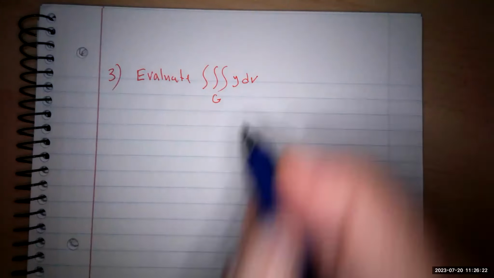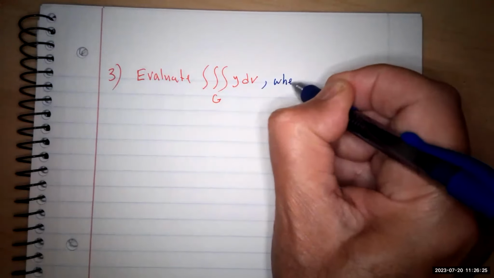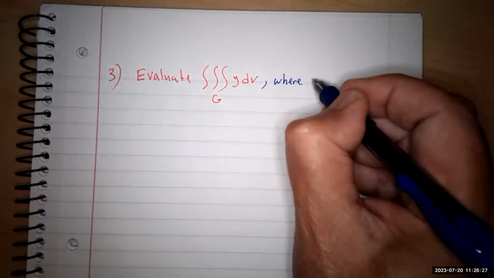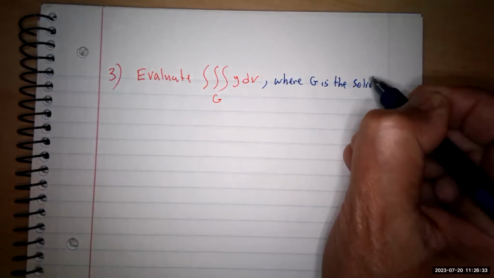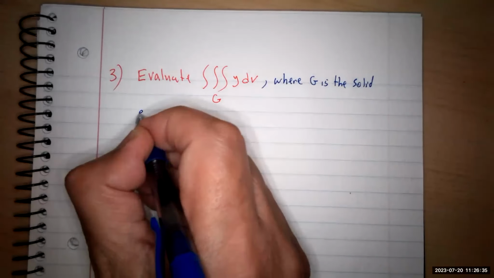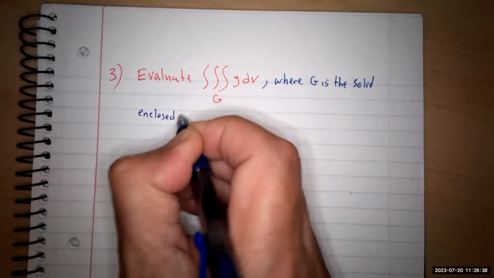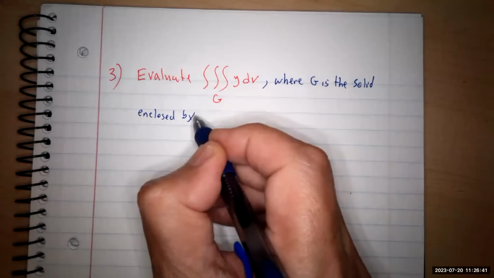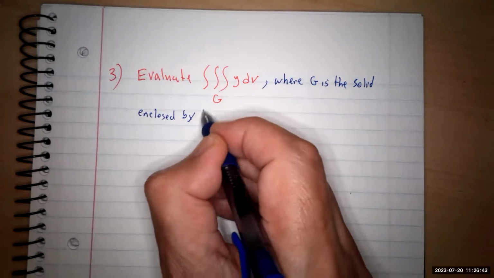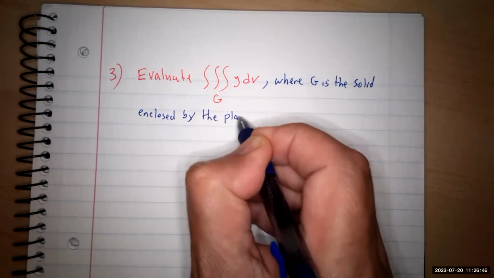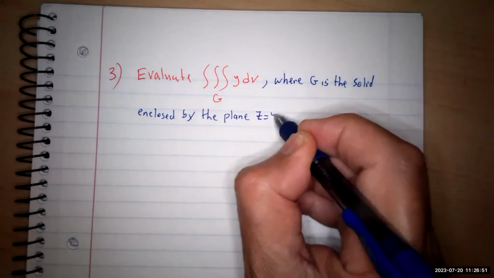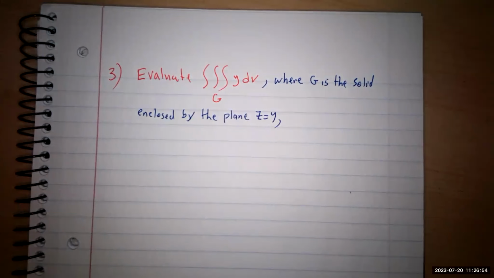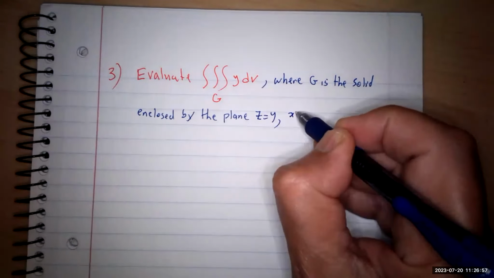What is the solid? G is the solid enclosed by a plane. It's enclosed by one plane with the equation z equals y, and the xy plane.